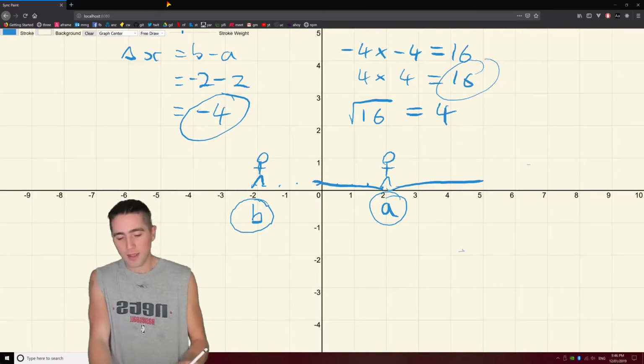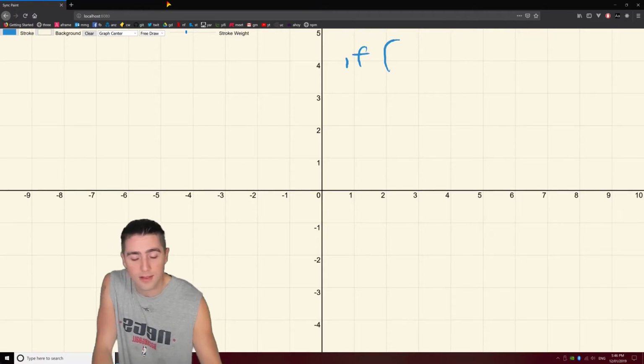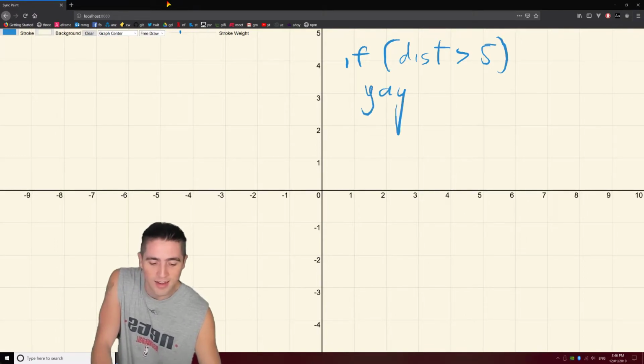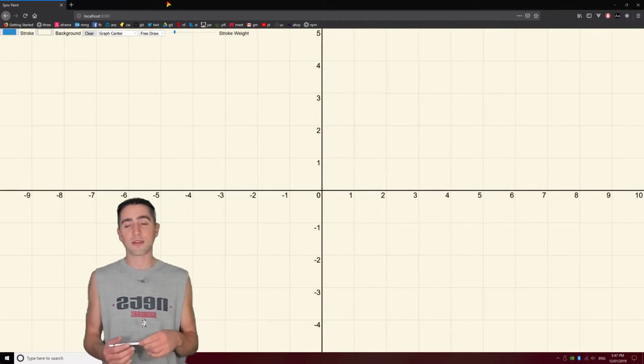In a code example, we would say, if that distance that we've just worked out, if dist is greater than 5, yay, player has moved. Something like that. Okay, so that's distance.